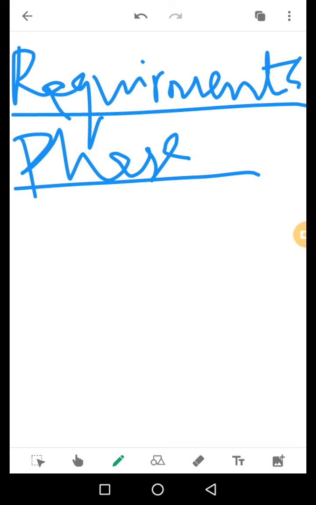So let me define what a software design phase is. A project design is a meaningful engineering representation of some software product that is to be built.